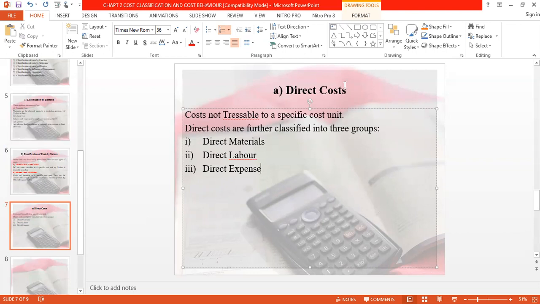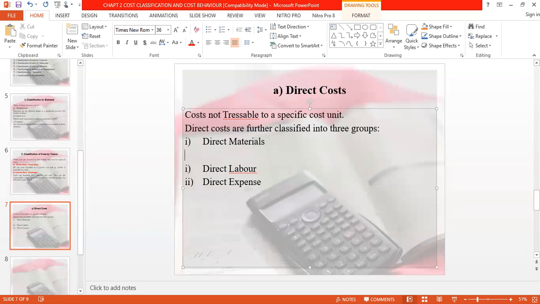Yes, direct costs are traceable to a specific cost unit. You can locate them in the final product. For example, you can see the timber in this chair. If I ask you where was timber used, you can see the timber in the chair. It is traceable. You can locate it in the final product.